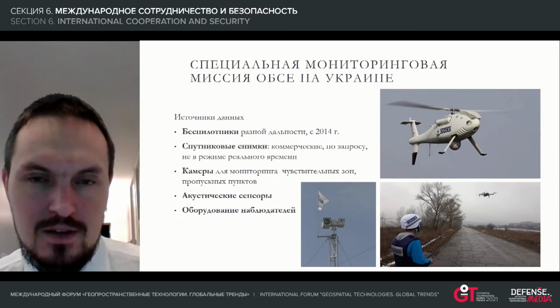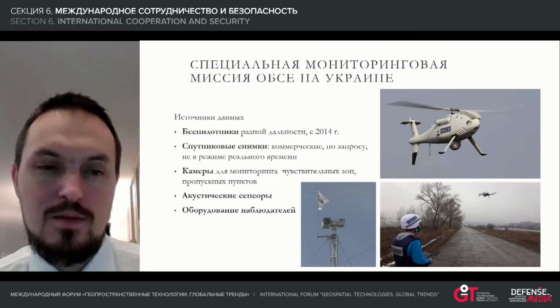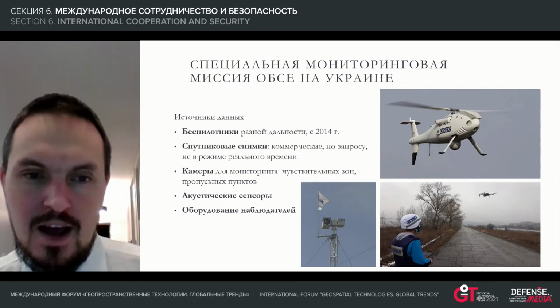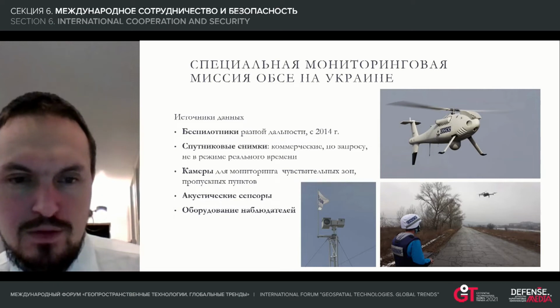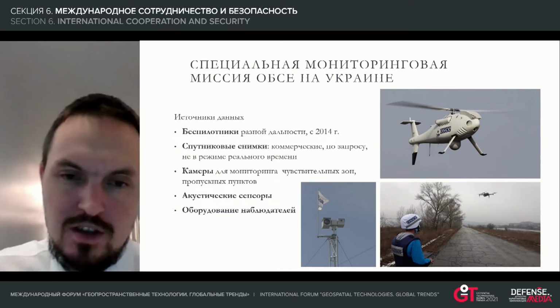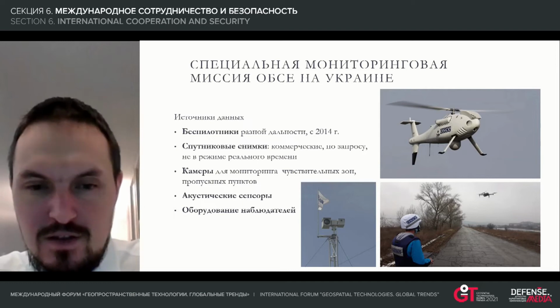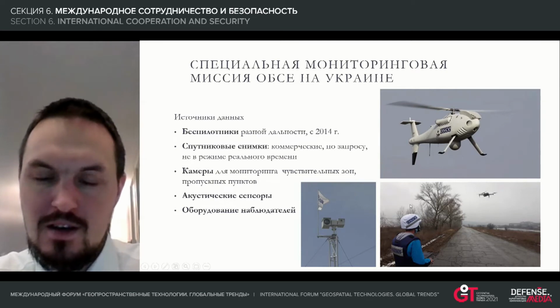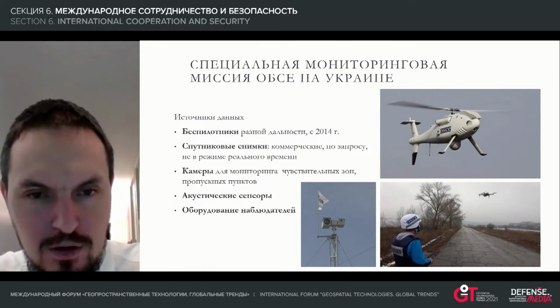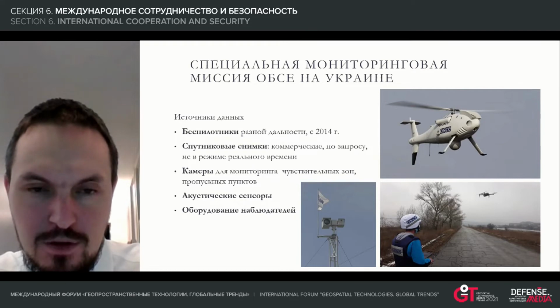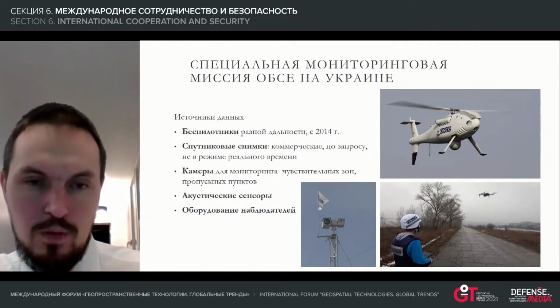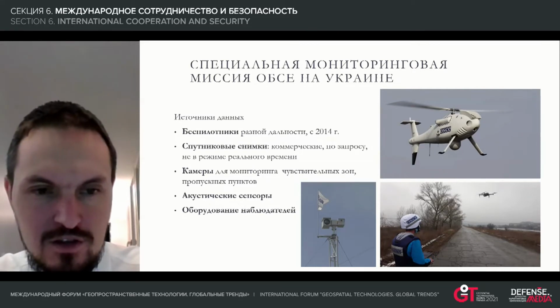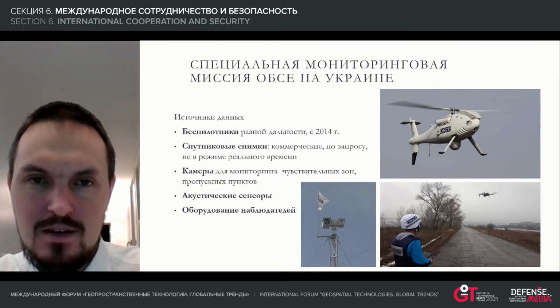There is another sensor that's also used by a special mission, that's cameras for monitoring. You can see in the image on the left below, it's not very clear, but it is a camera that is installed on a high pole and that monitors the situation in a certain area. Acoustic sensors are also used.